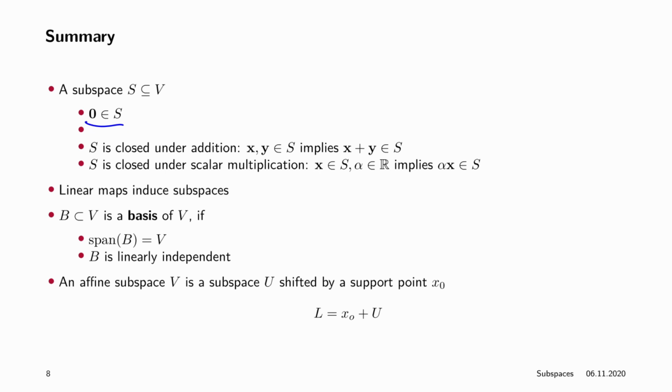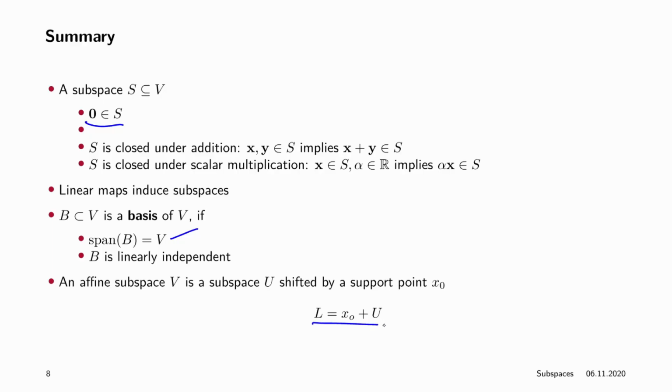A subset B, so a set of vectors B, is a basis of a vector space V if it spans all of V, so the span of B equals V, and its elements are linearly independent. So the vectors in the set are linearly independent. Finally, an affine subspace L is a subspace U shifted by a support point x0. So L equals x0 plus U.